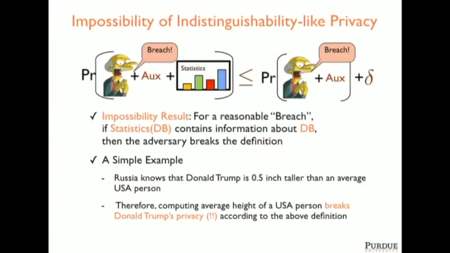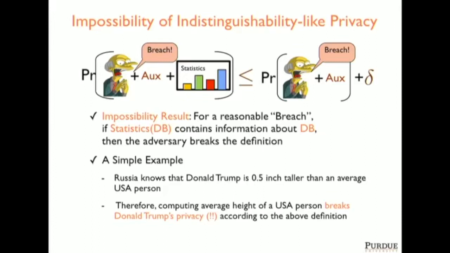Just to give an example, we can actually prove this impossibility: that we cannot achieve the best cryptographic privacy guarantees and some kind of utility from the database. It can be shown by a very simple example. Taking a contemporary example, let's say Russia knows as auxiliary information that Donald Trump is 0.5 inches taller than an average US person. Let's say we do a computation and obtain the average height of a US individual.